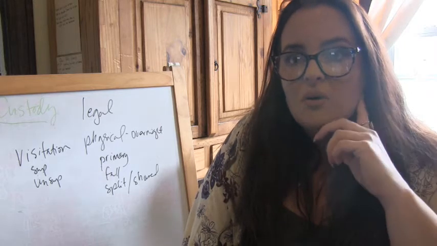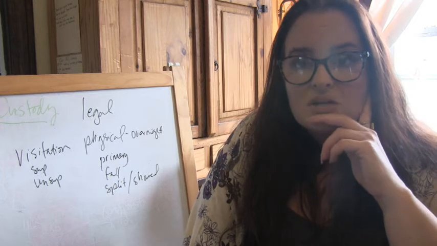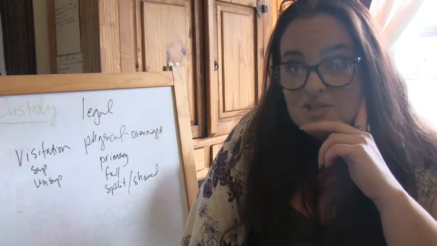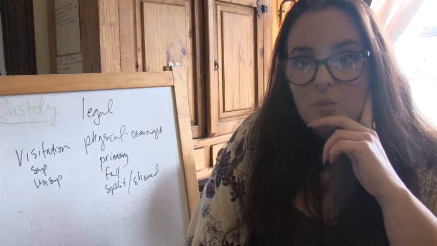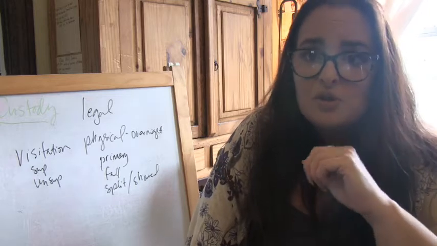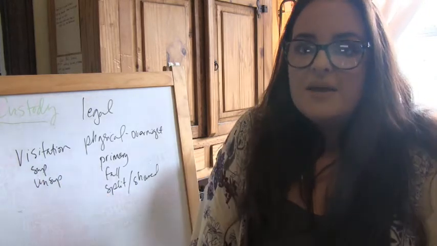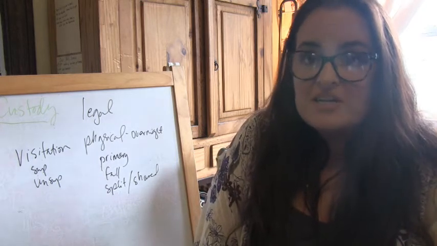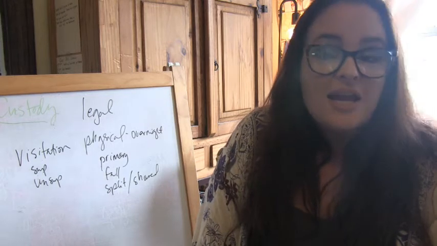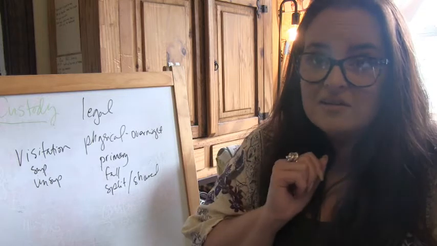And so we have a judge who wants to allow an addict or someone who has been abusive, maybe they lost their temper really badly and physically abused their child on one occasion, and a court says, I'm not ready to terminate your rights, but I don't think you should be alone with a child, so you need to be supervised. Supervised visitation is generally reserved for situations where a parent is not as fit as they should be, and it runs the gamut. Visitation can be supervised by the other parent.